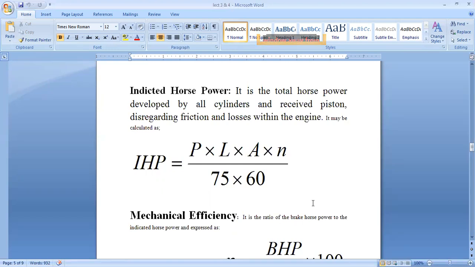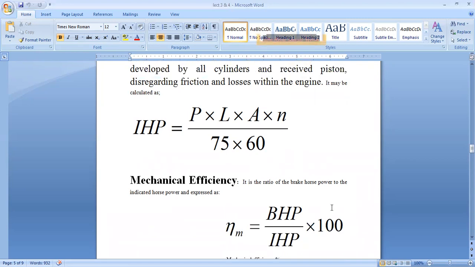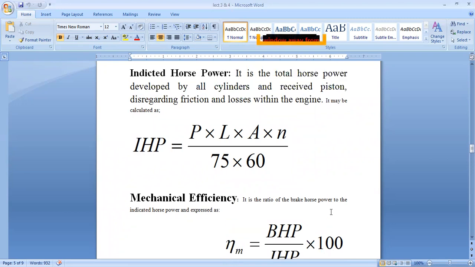Now another term comes, brake horsepower. Horsepower obtained at the crankshaft is called the brake horsepower, because when the engine runs, the piston moves in the cylinder, and there is some friction also.